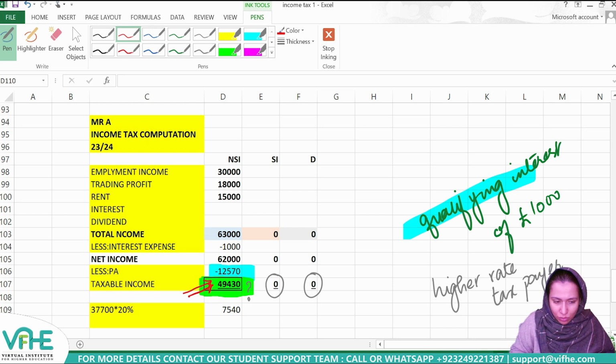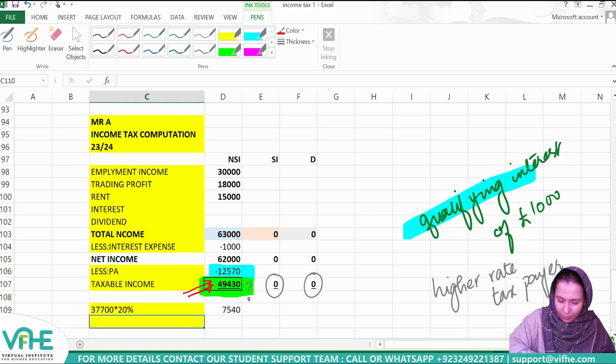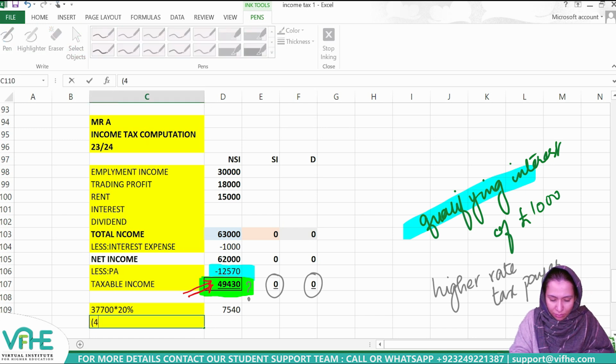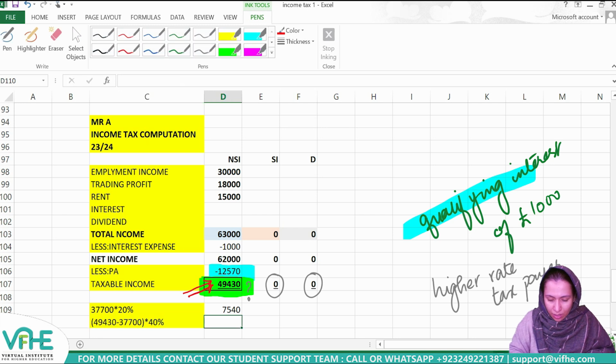So £49,430 less £37,700, there we will be applying the high rate of 40%.